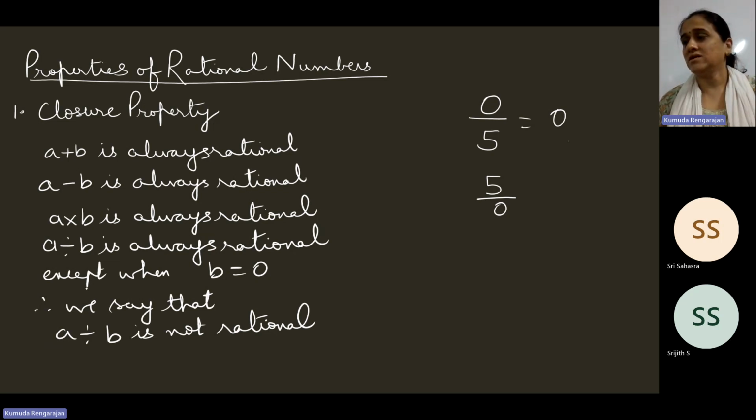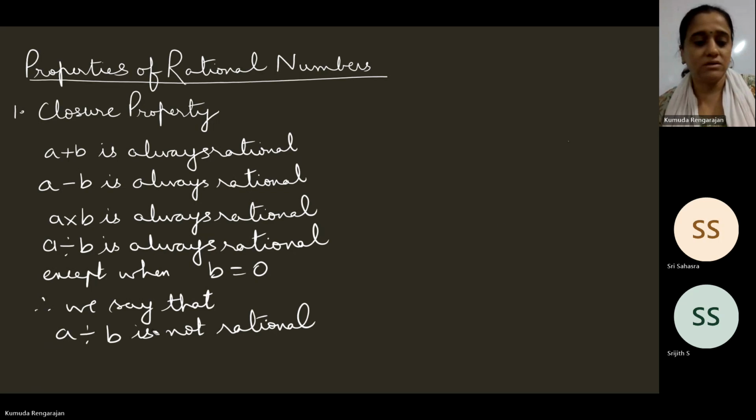Closed under, meaning the closure property of rational numbers holds true or holds good for addition, subtraction, multiplication, but not for division. Let me write that for you. These are the different ways of expressing.